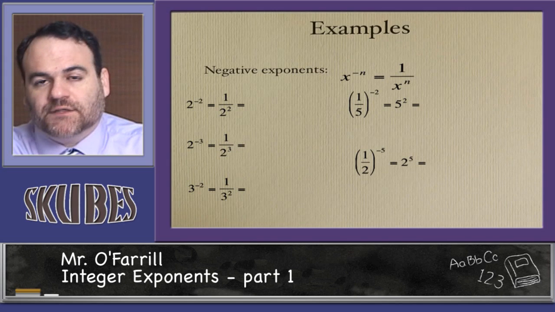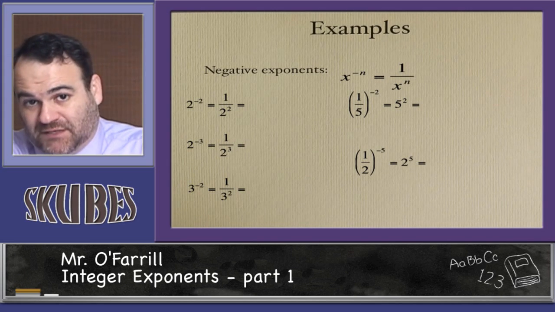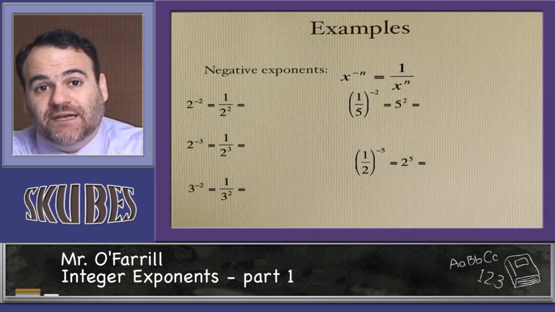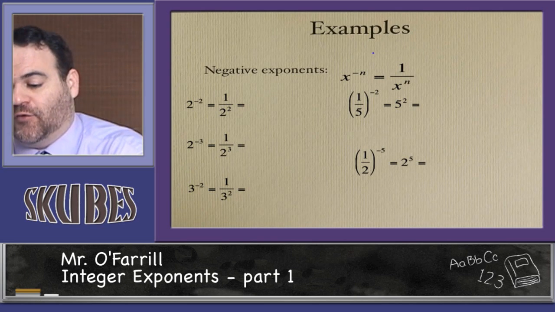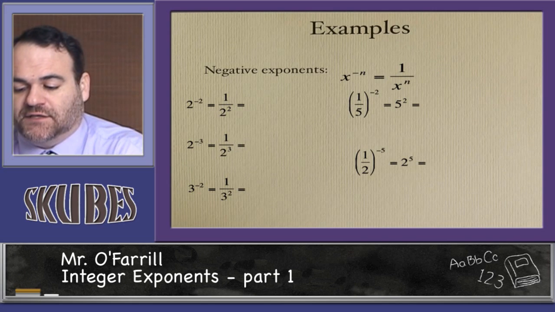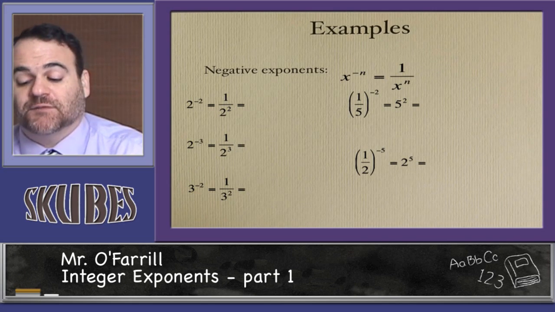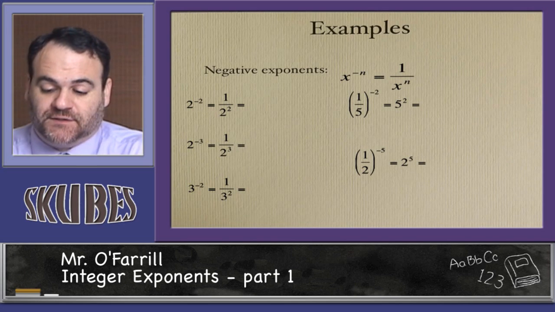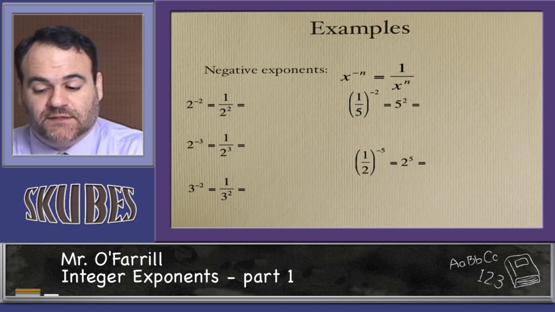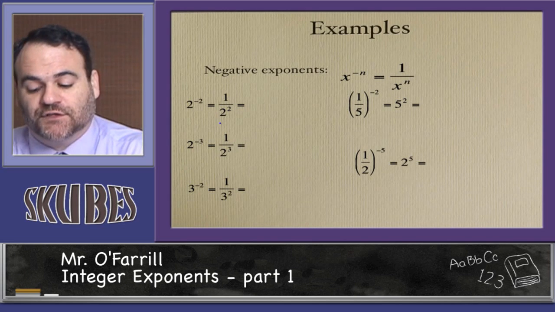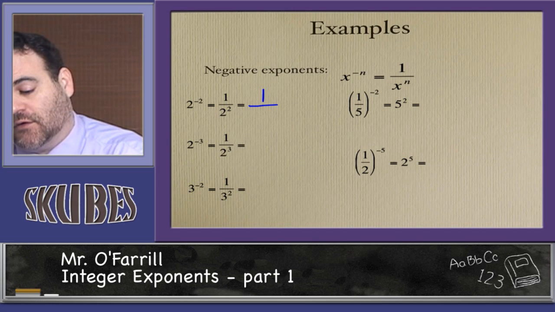All right. So let's talk about the last type of exponents that we're going to deal with in this particular lesson, which are the negative exponents. And I went ahead and put down the formula here. X to the negative n power is the same as 1 over x to the positive n power. So as you see in our first example, 2 to the negative second is the same as 1 over 2 to the positive second, which we've already discussed, is 4.